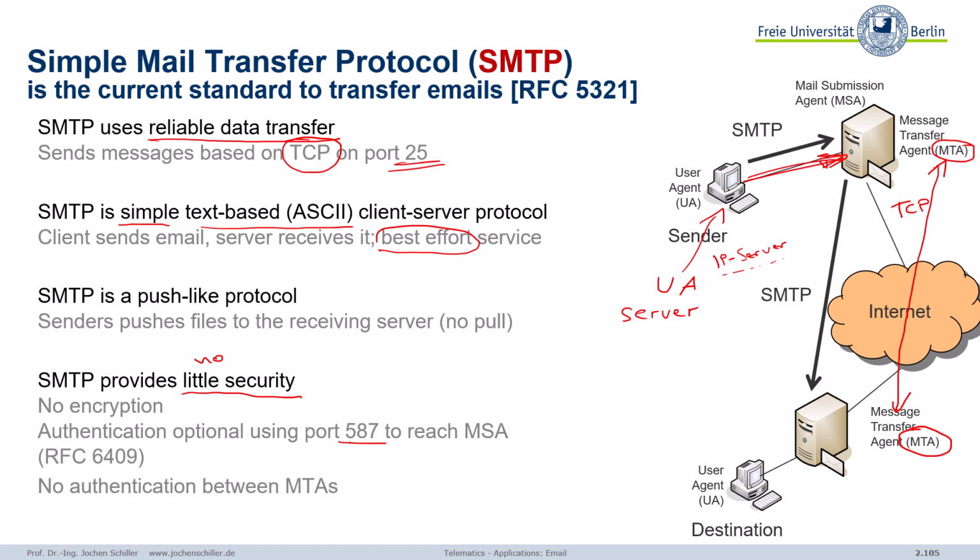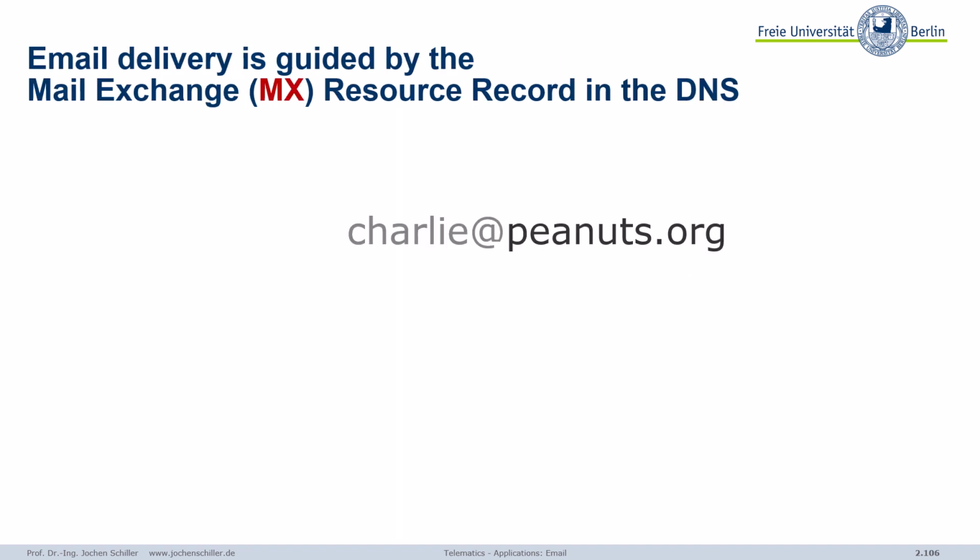But what happens if you then send your message? So you write, okay, I write to charliebrown@peanuts.org. Then your MTA sees, okay, this should go to peanuts.org. Who is this? And that's exactly where we then need our MX records.